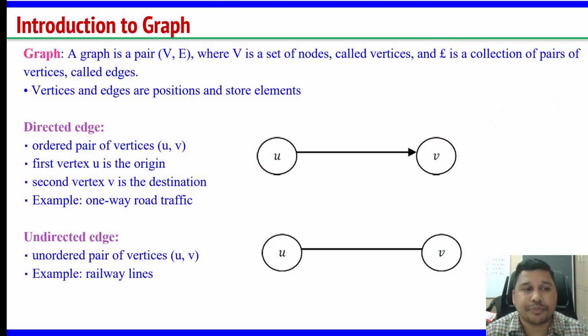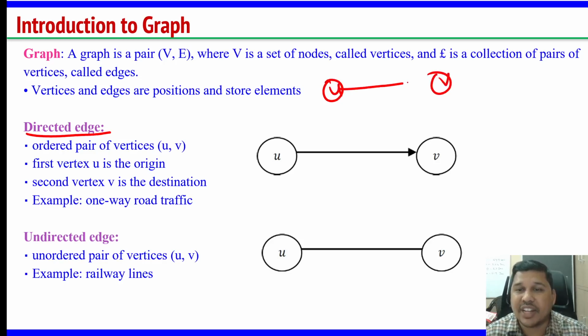And next, directed edge. Between two nodes, you can have a directed edge. If there is a link between two nodes which contains an arrow mark, it is called a directed edge, okay. Next, undirected edge, right.